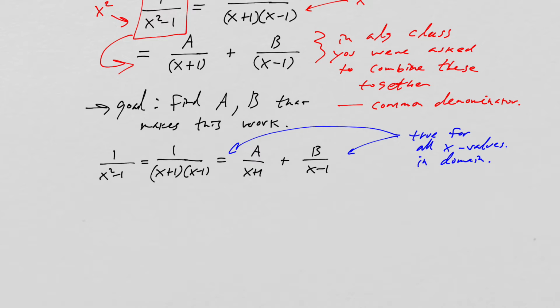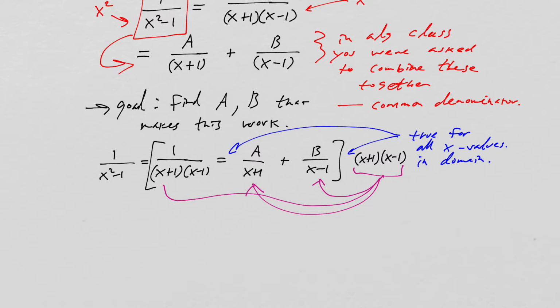If these two expressions are equal to each other, we want to see if we can solve for a and b. So what we're going to do is multiply the whole thing by x plus 1 and x minus 1. We're going to distribute it into all these terms, and even into that term on the other side.